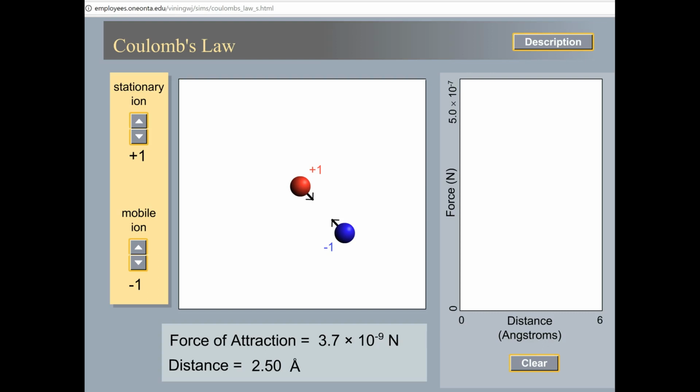And so what we're going to do is just increase this +1. We're going to make it +2. And we see that this number changed. So let's go back and see what that looked like. Let's see if we can get our pen to work. Okay, great.